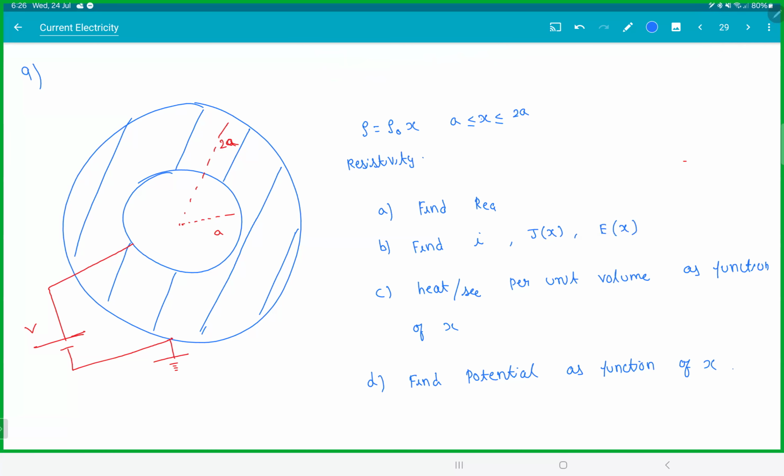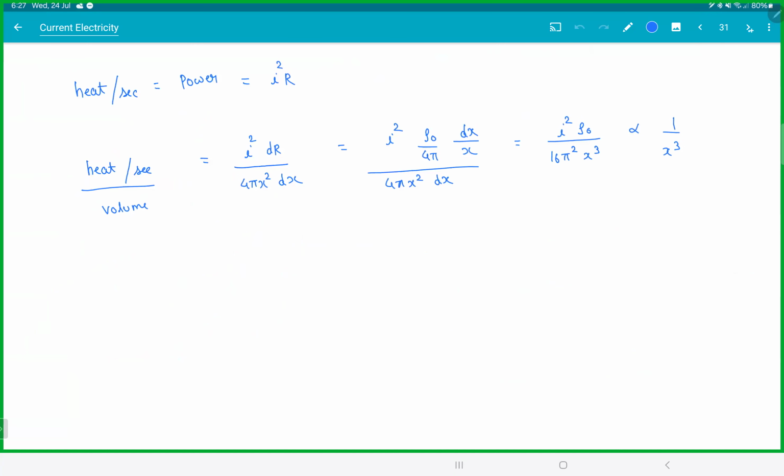So I can write that basically: conducting shells filled with a medium. Let's see the resistance thing.